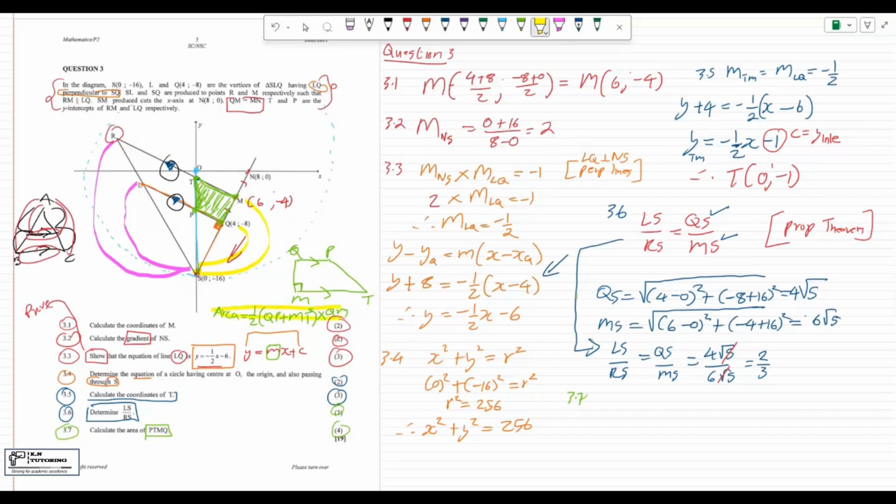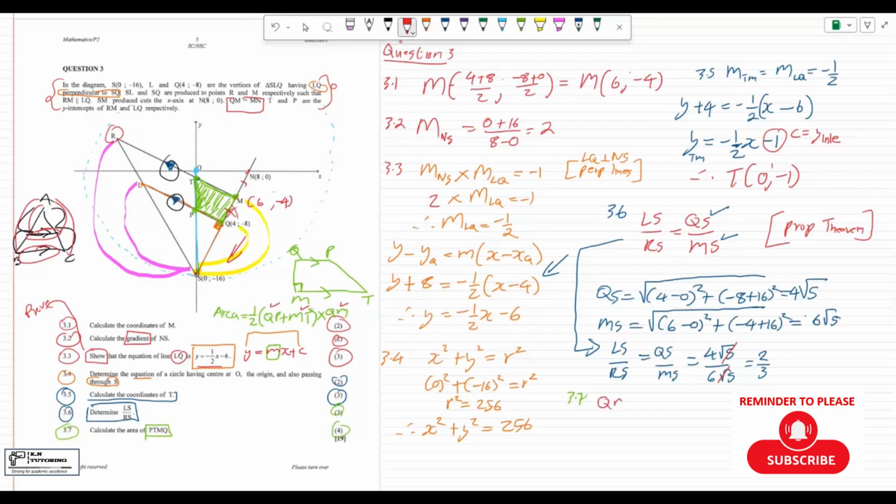All right, now I need to go and find all this. I need to find QP and to find MT and to find QM. So I'm going to use distance formula. So do I Q to M? Did I find it somewhere? Not yet. I need to find Q to M. Is this portion.